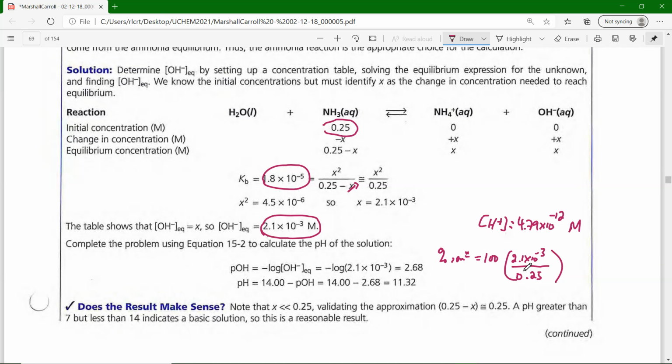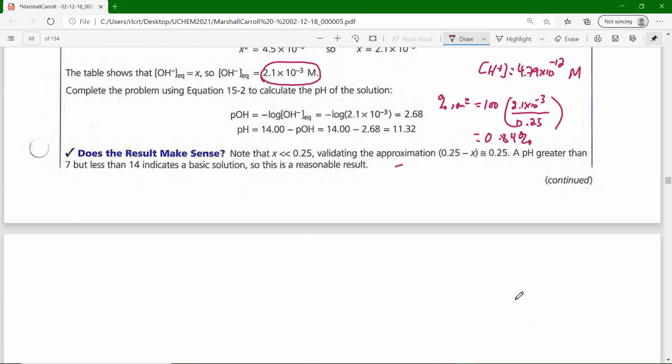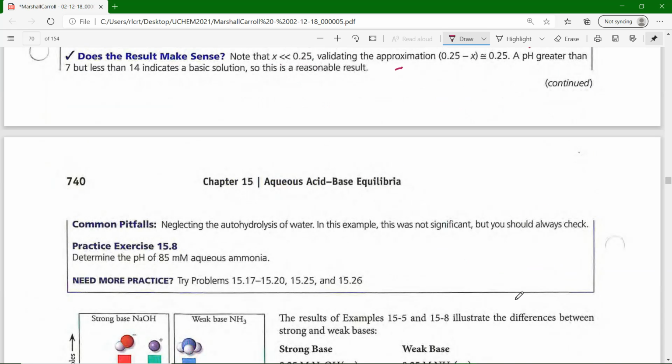So 2.1 by 10 to the minus 3 times 1 by 10 to the minus 2 is 2.1 by 10 to the minus 1. So it's just 0.21 out of 0.25, which is 0.84%. So less than 1% ionizes.